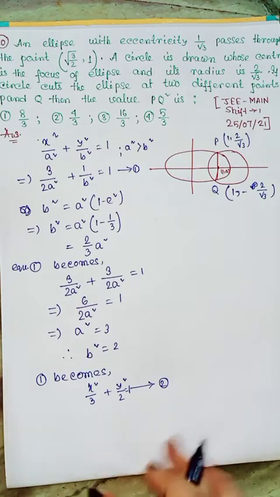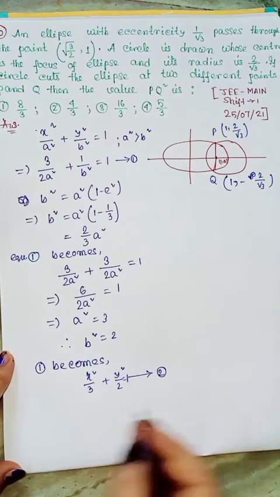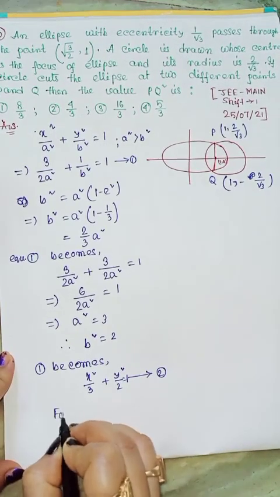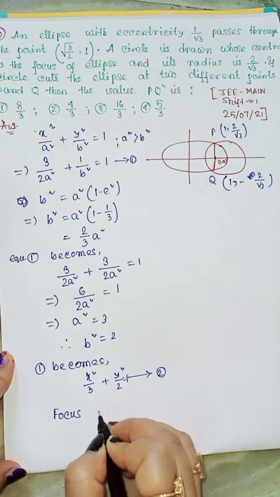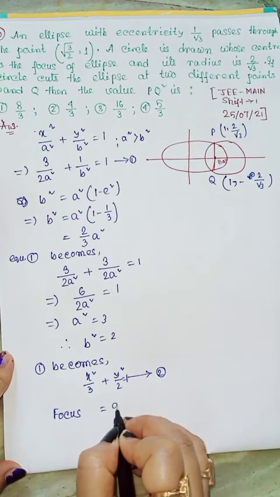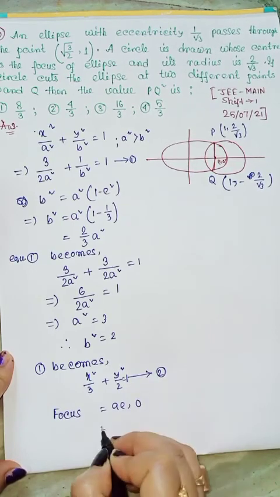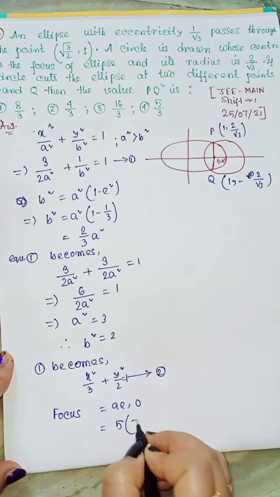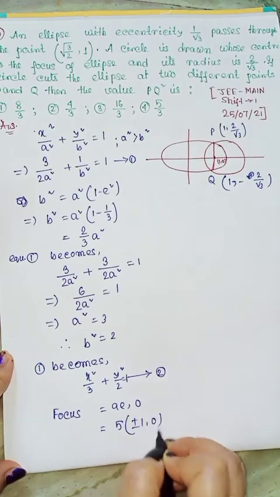Now from here we get focus is equal to what? Focus is equal to ae comma 0, so it is plus minus 1 comma 0.